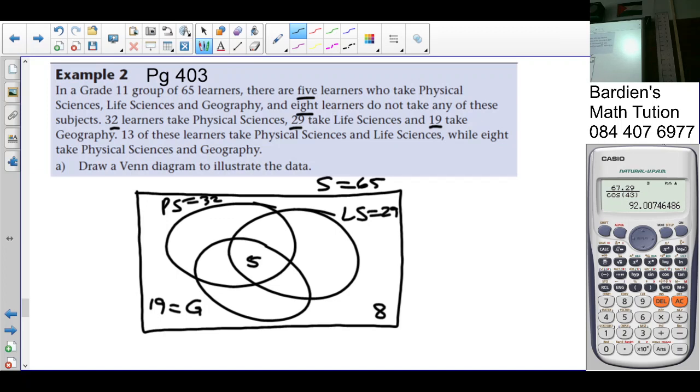13 of these learners take physical science and life science. So write that in.